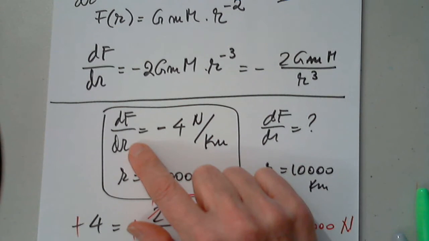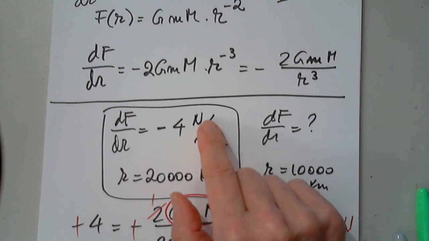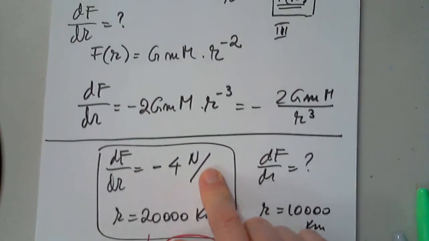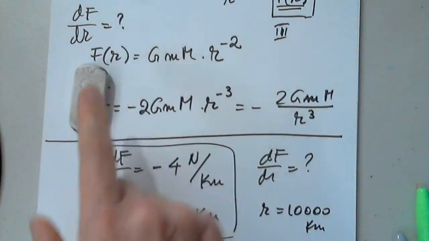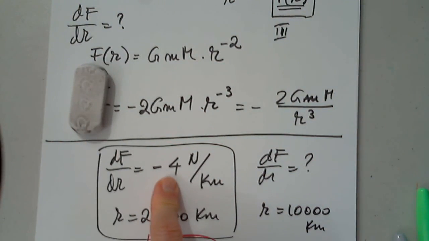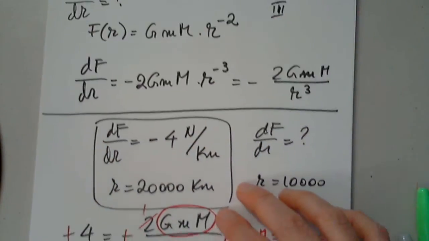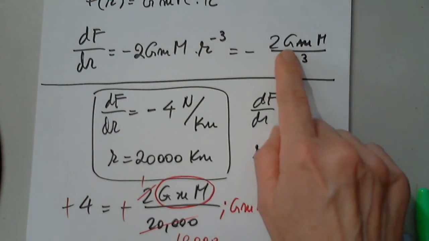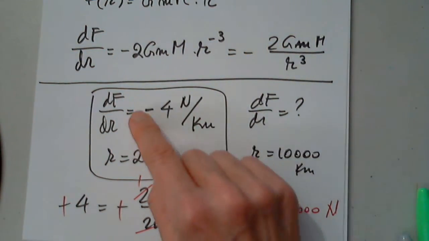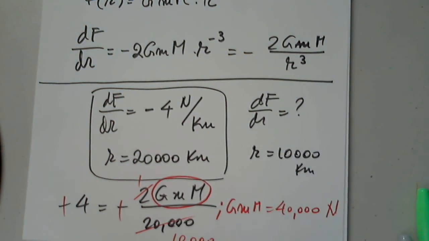So dF over dr is given to us as -4 newtons per kilometer. So this piece here is -4. This -4 equals -2 GMm over 20,000 to the power 3. Oh, I forgot. Okay, so I have to do this again.